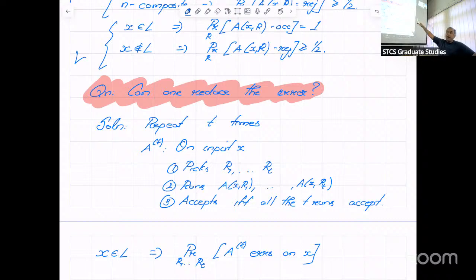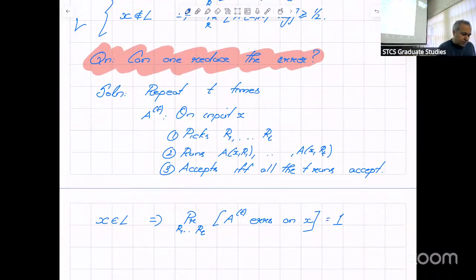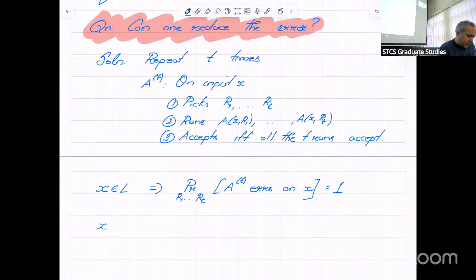Now I'm running A_t, and if the string is not in the language, it will err with probability at most half. So what is the probability this will err? Will this err at all? Every one of them will accept. So this is going to accept with probability 1. But the interesting case is the other one. x doesn't belong to the language. What is the probability over the random choice r1 to rt that A_t errs on x?